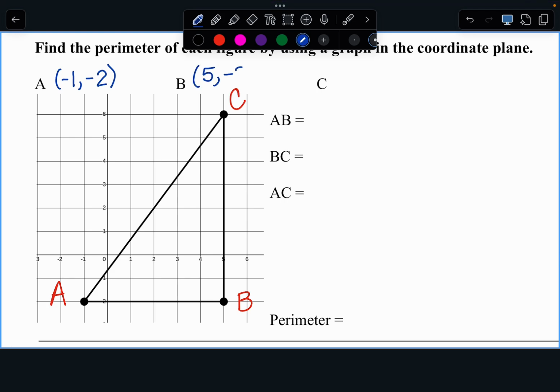Five, comma, -2. And point C, if we're starting at 0, 0, is +5, comma, +6.